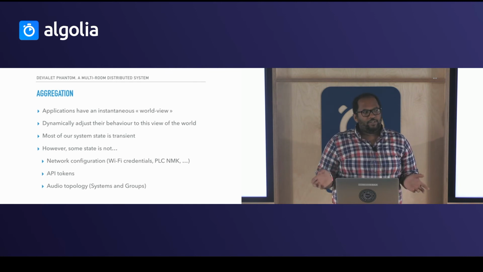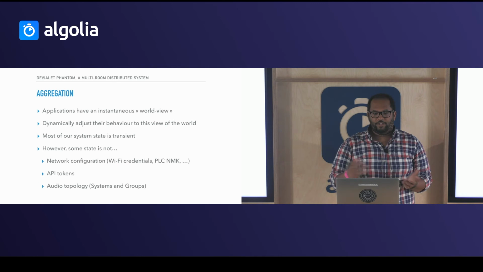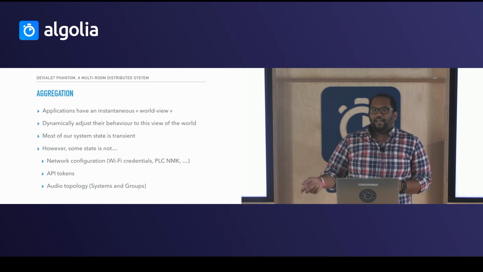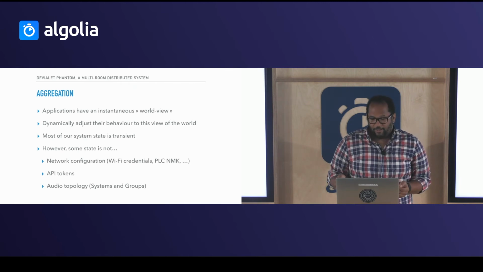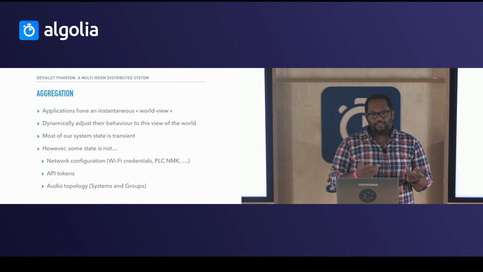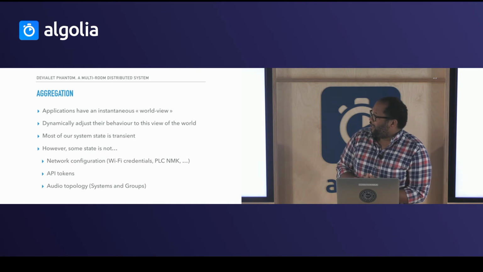So if everything works perfectly, you just see every service on the network, and you can have a very neat user experience where every feature is available and the user can do anything and everything he wants. But at any time, any of the services can just disappear. So the application has to react to that and adapt itself. That's what I mean by dynamically adjusting the behavior.